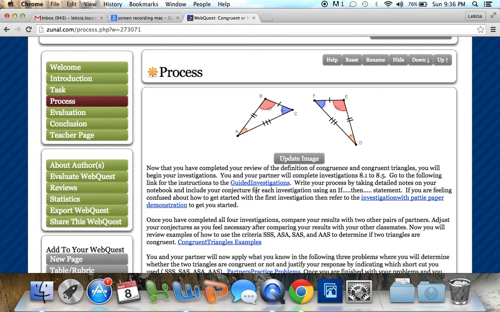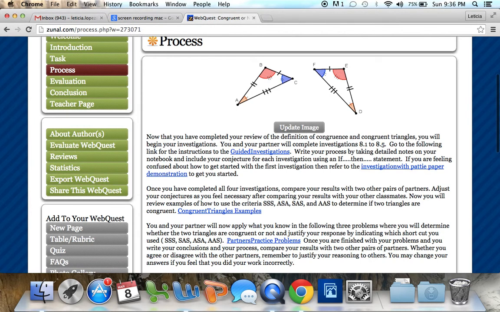You go to these guided investigations for your 5 investigations for the step-by-step instructions. But if you're having trouble, you can refer to this investigation with patty paper demonstration to help you get started.